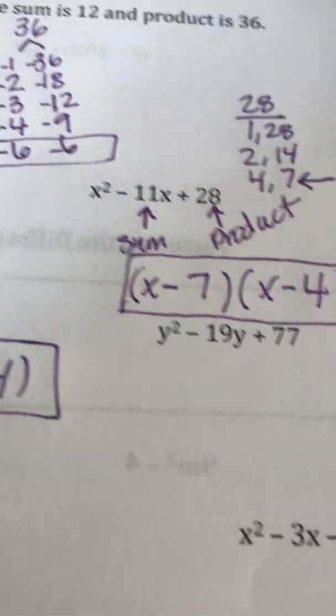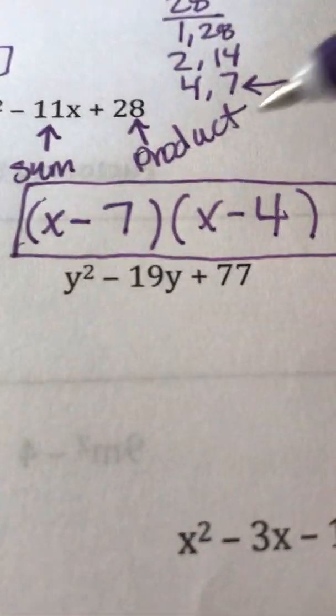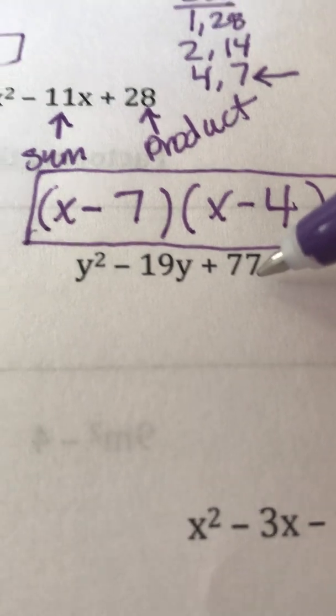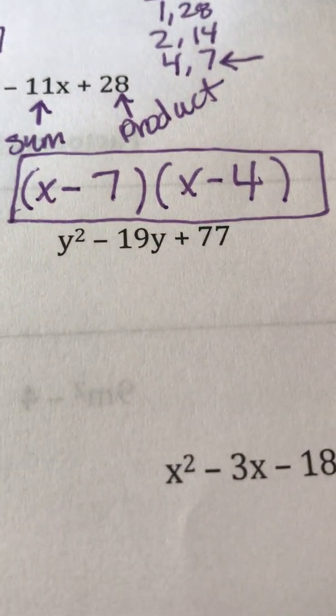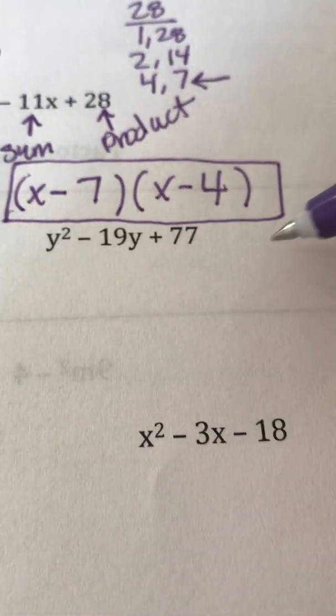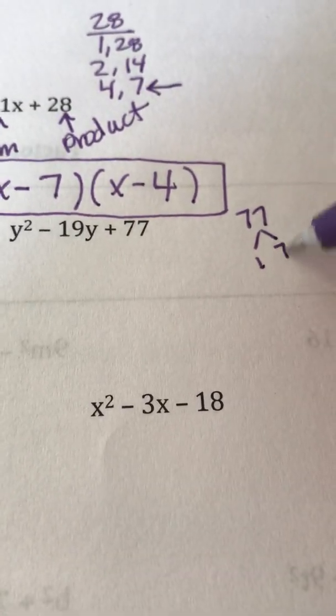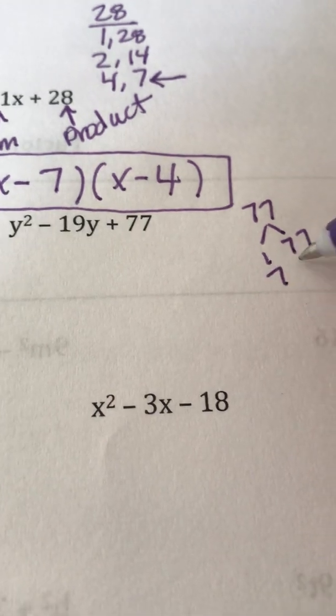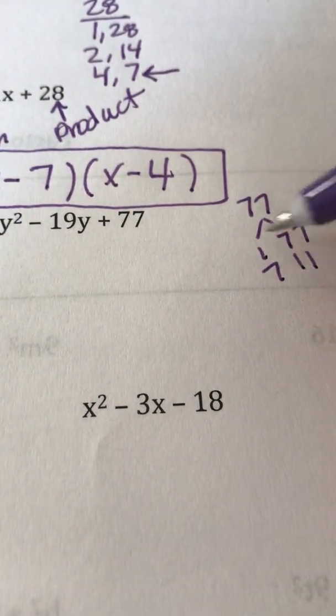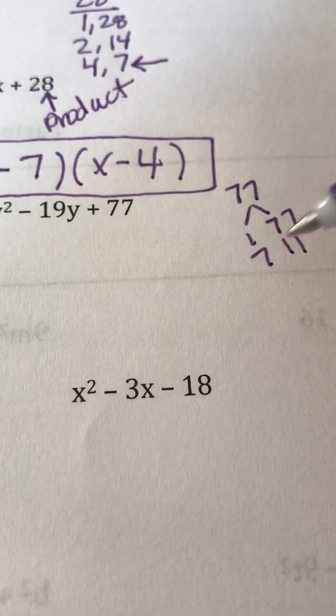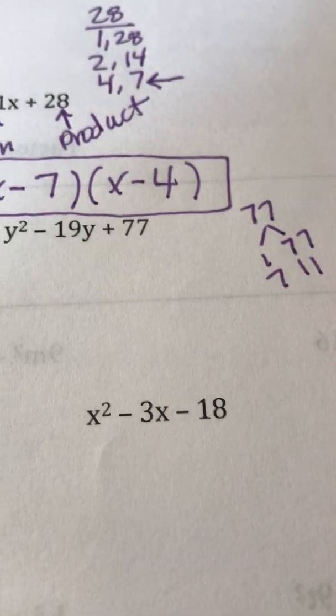Now, you probably got to this one and you thought, okay, I need a product of 77 and a sum of negative 19. Now, looking at my factors for 77, I know that I have 1 and 77 and 7 times 11. No matter how I spin this, I'm not going to get a sum of negative 19.